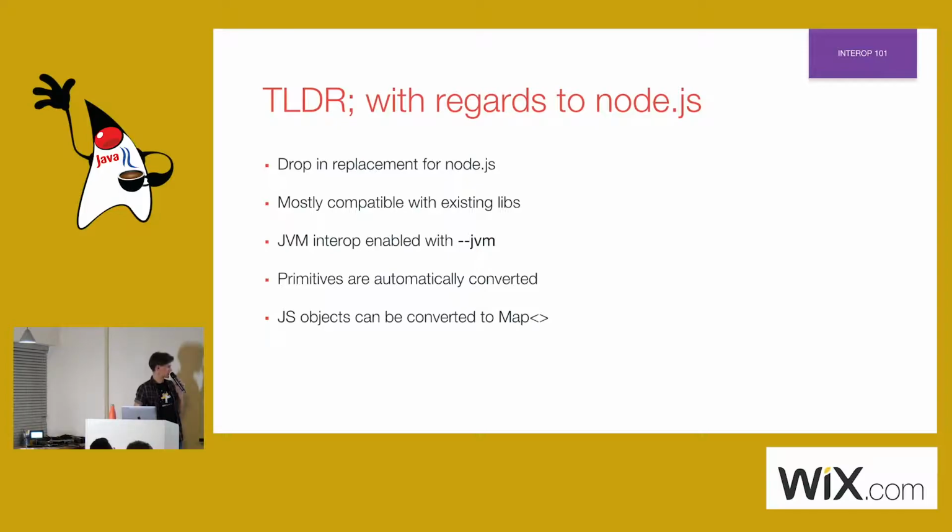And JavaScript objects on the JVM side: if you have a method that requires an int, and you give it the number 5 from JavaScript, which is not actually an integer 5, it will get converted to the integer 5. And if you want to access values of a JavaScript object, if your method accepts a map of string to object, you can get the properties by name that way.